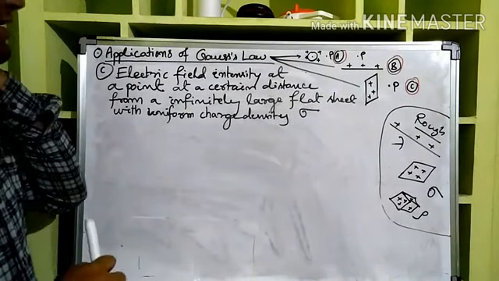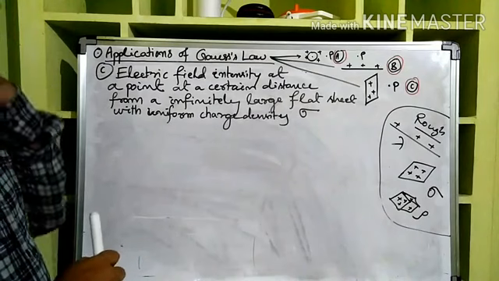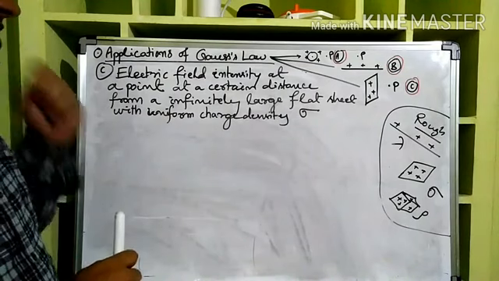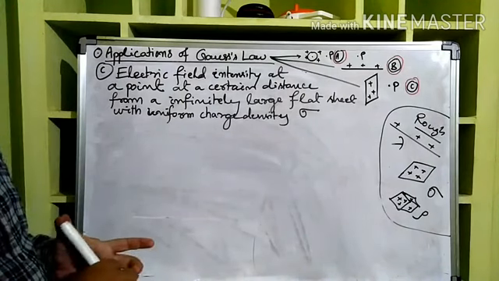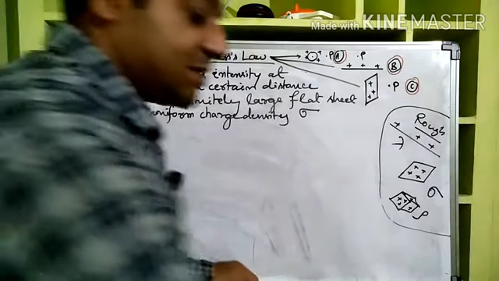So electric field intensity at a point at a certain distance from an infinitely large flat sheet with uniform charge density sigma is the next application.